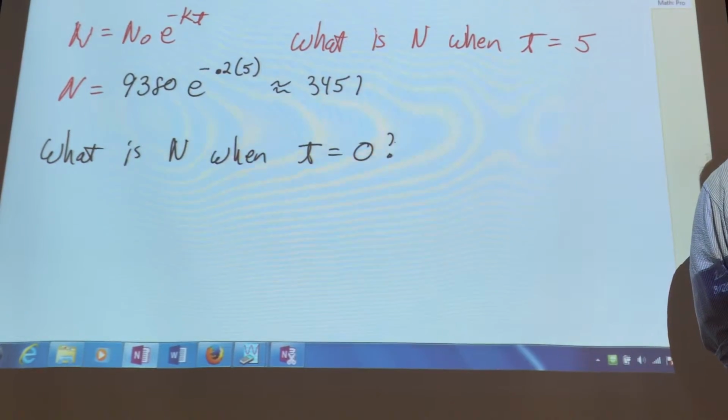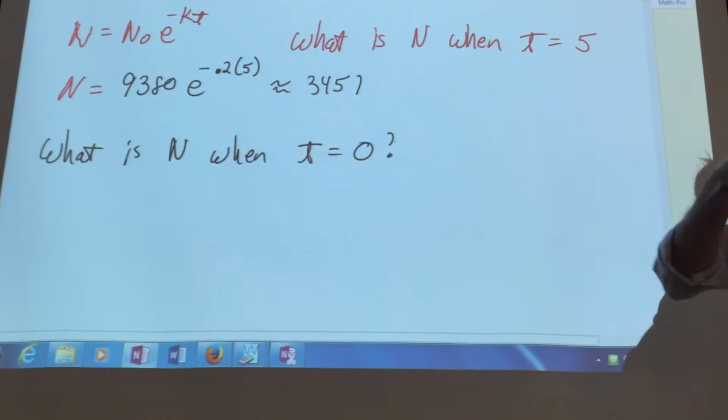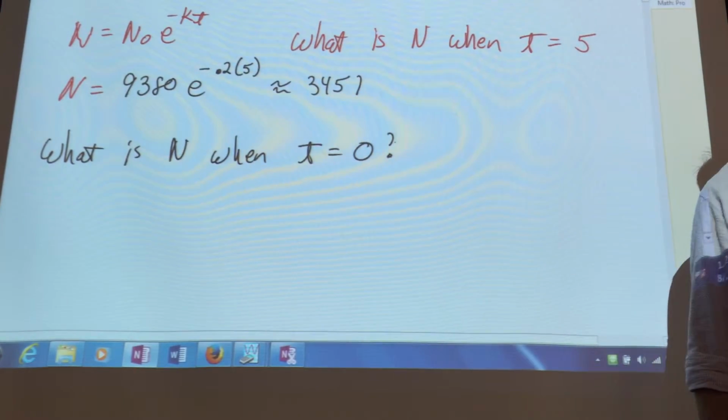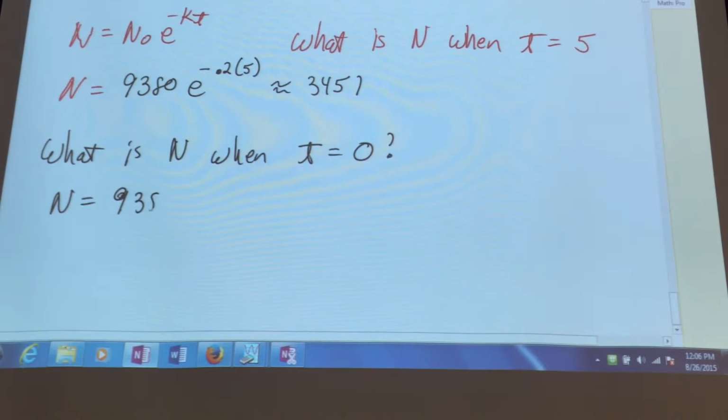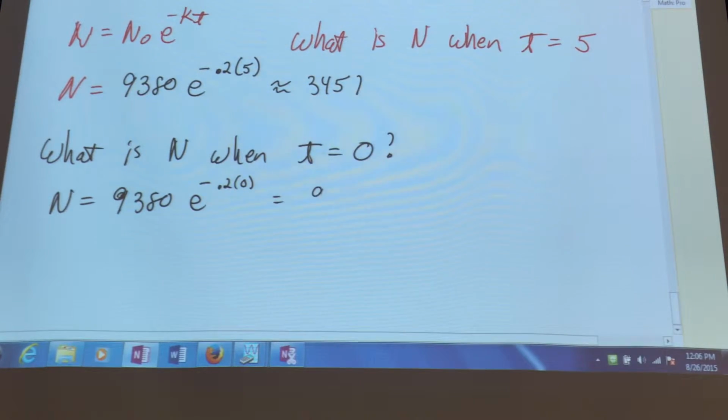The same n as the n0, right? You find out that n is equal to 9,380 e to the minus 0.2 times 0, equal to 9,380 e to the minus 0.